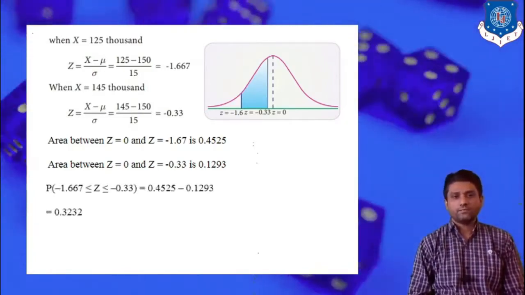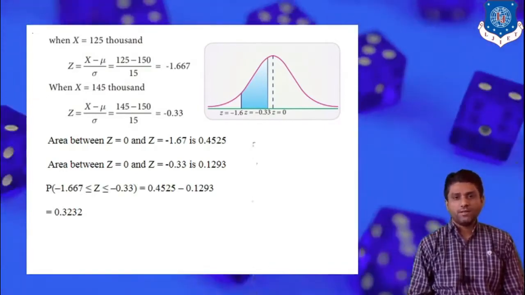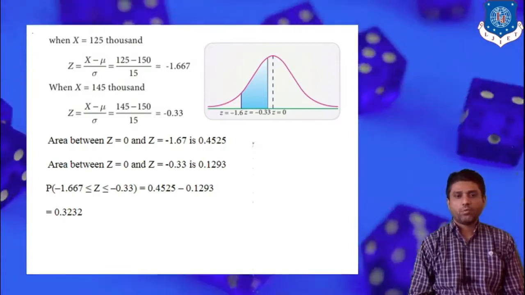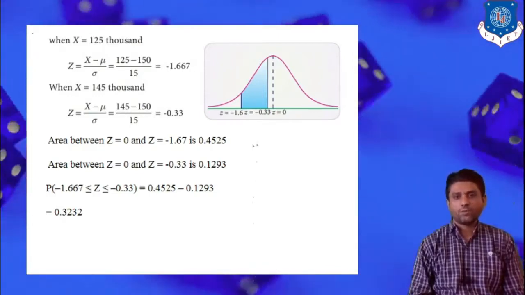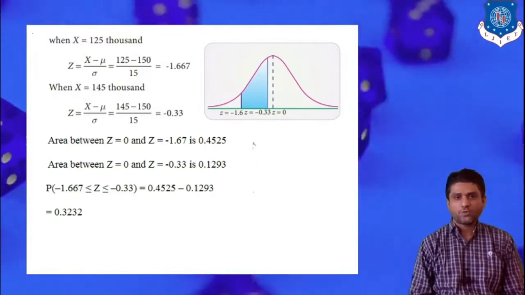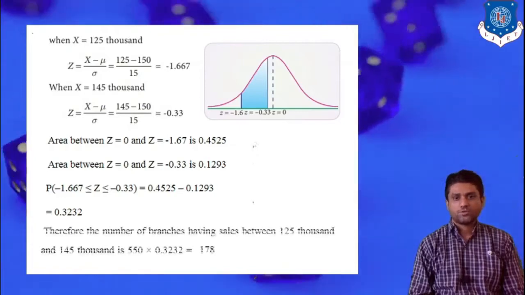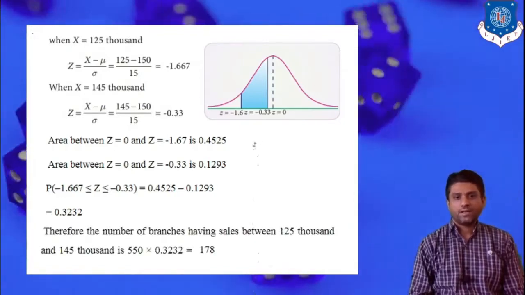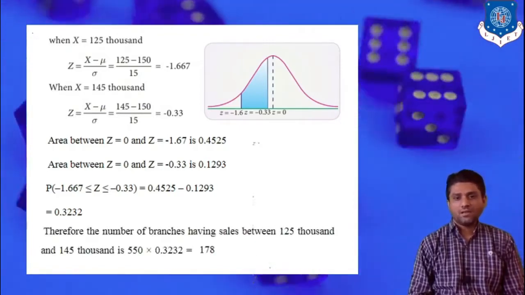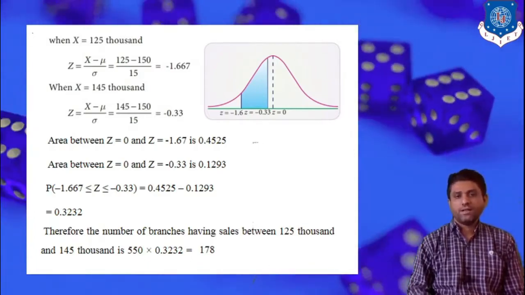So ultimately we write down the mathematical formulation. The probability of Z falling in the interval negative 1.66 to negative 0.33 is equivalent to 0.45 minus approximately 0.12. So it leads to 0.32. So finally we conclude that the number of branches having sales between 125,000 and 145,000 is found as follows.